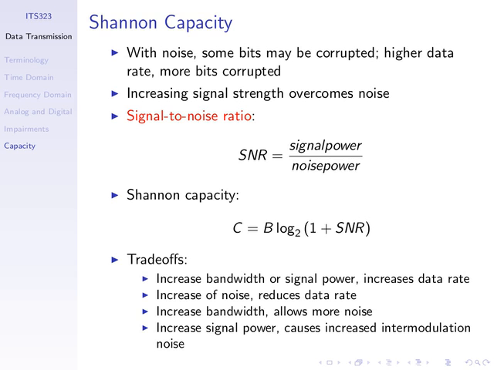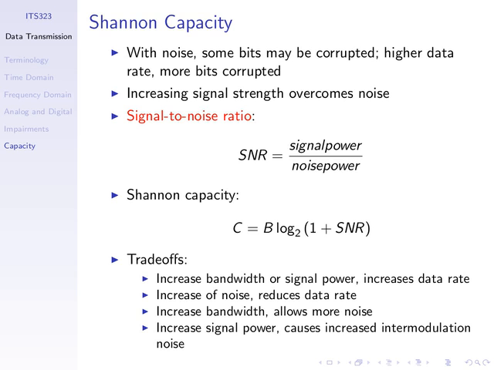SNR is 150 divided by 20, which is what, 7.5? 150 divided by 20 is the SNR. And therefore our capacity is 10 million times log base 2 of 1 plus 7.5, which is 8.5.